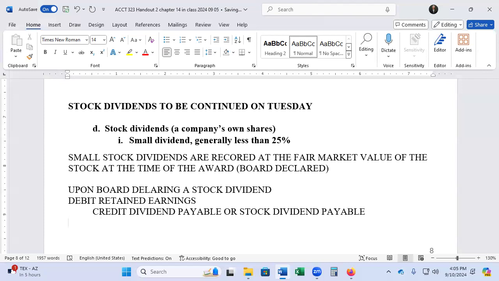And what you're recording is the number of shares awarded multiplied by the share price.